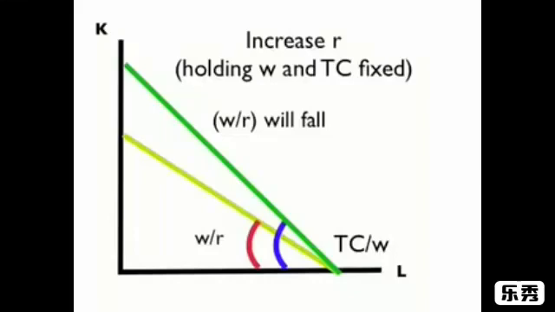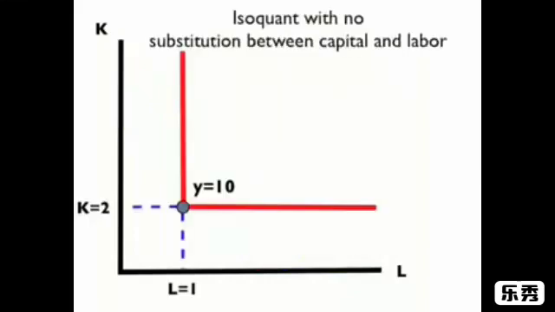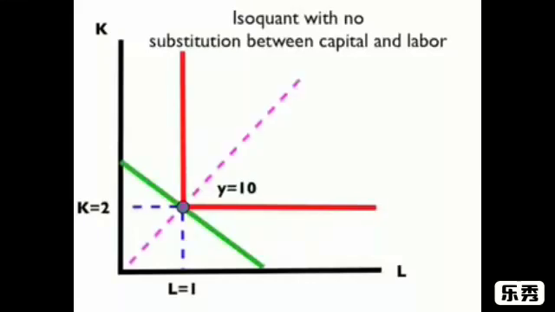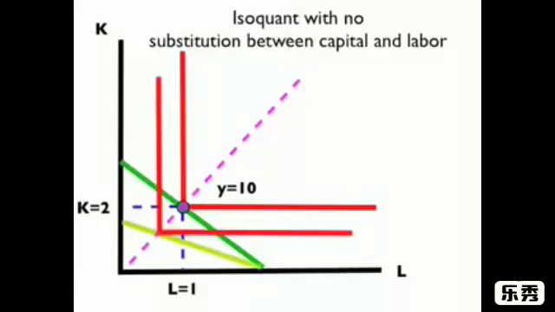Now this will change the way capital and labor will be chosen. In the case of no substitution between capital and labor, the rotation of this cost constraint for the firm will reduce the amount of output, but will not change the capital-labor ratio because there is no substitutability between capital and labor.